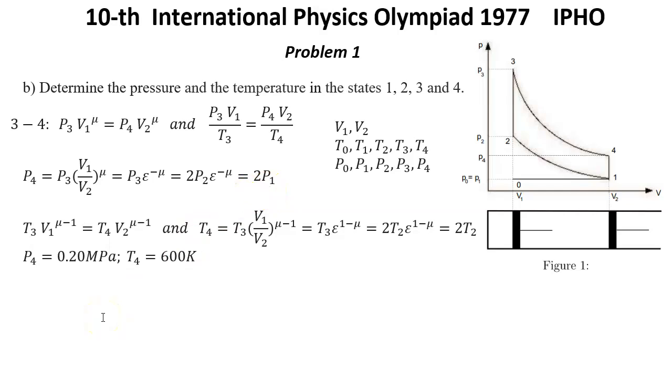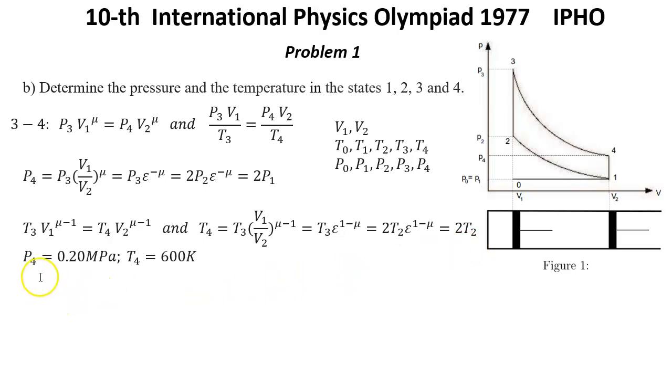And the same thing for temperature. First we have to divide this equation by this equation and get this expression. After that we can find that temperature T4 equal this expression, or T3 multiplied by epsilon power 1 minus gamma, but T3 equal 2 T2, so finally we have T4 equal 2 multiplied by T1.